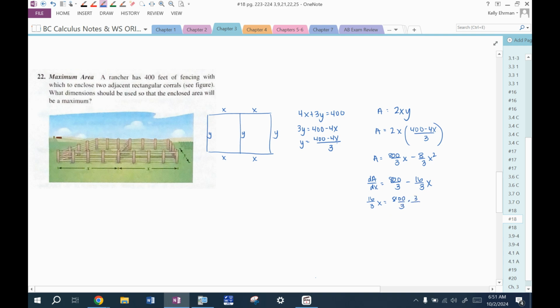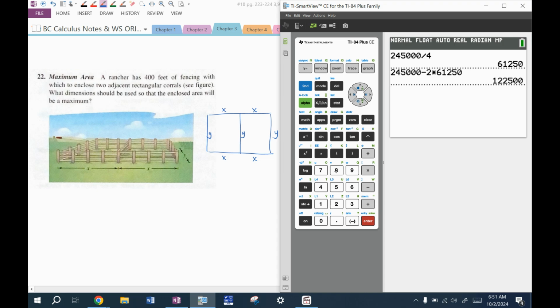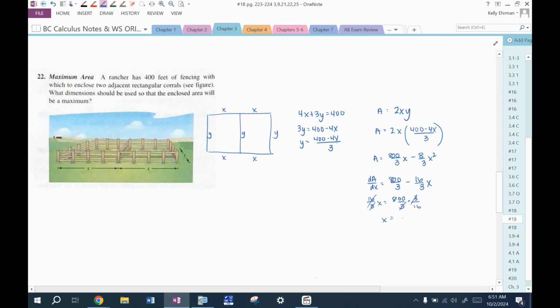So if you multiply by 3 over 16, you get x is equal to something I should be able to do, but you can see that it is 6:51 a.m., so I'm going to let the calculator do it. So 50. And then what is y? So y is equal to 400 minus 4 times 50. That's 200. Over 3. So y is equal to 200 over 3.